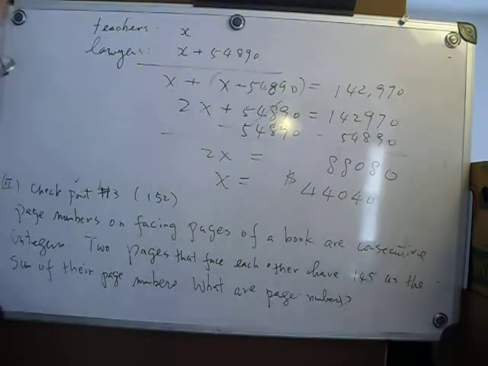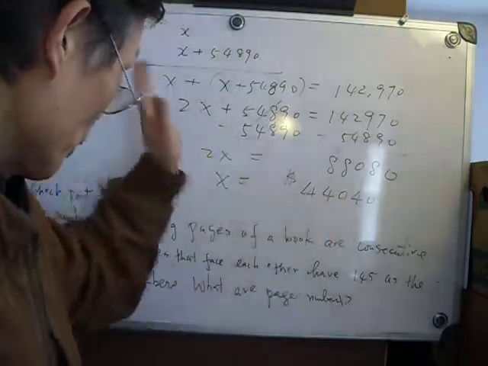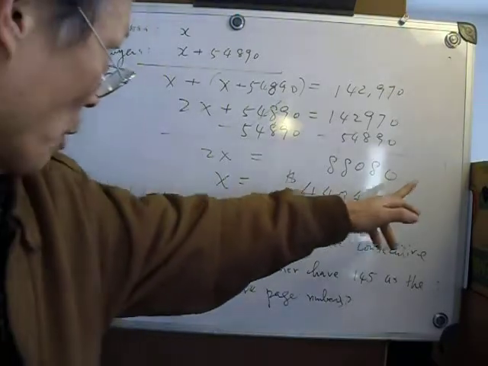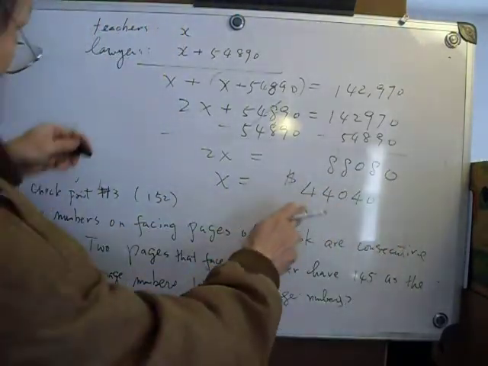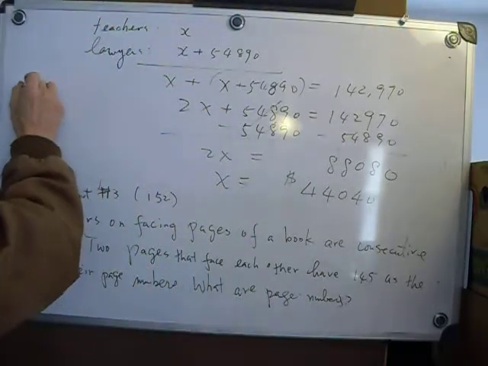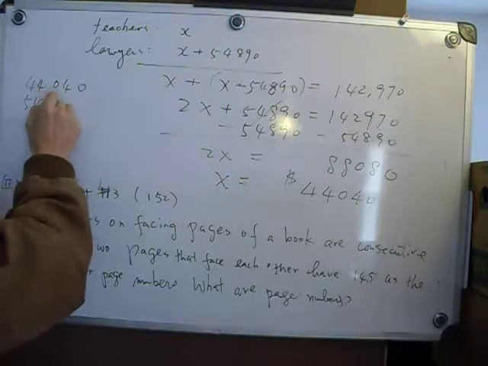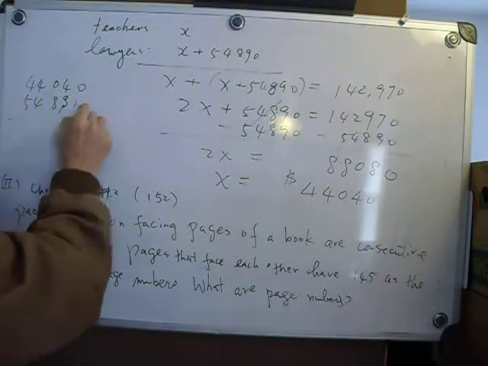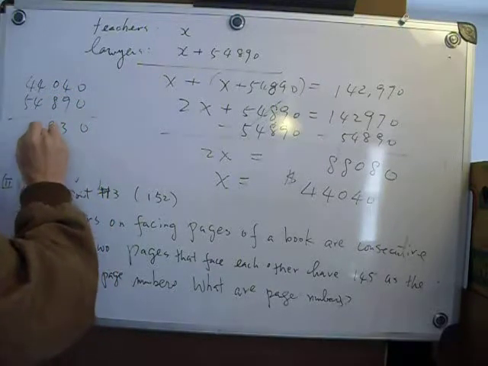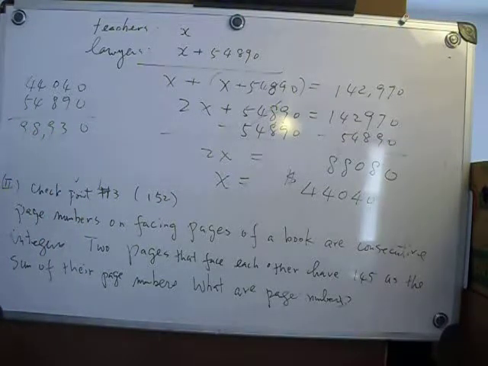$44,040, teacher's salary. And also, don't forget, if they ask for both, you need to answer both. Sometimes they ask only one, you answer one. But in this one, what is their salary? The lawyer's salary is 44,040 plus 54,890, which is $98,930.